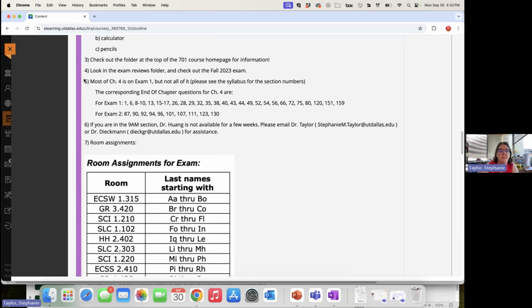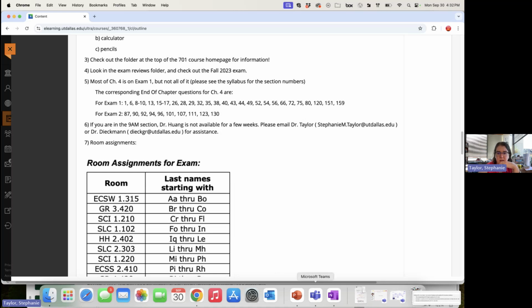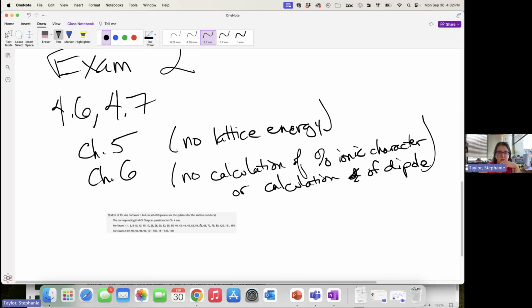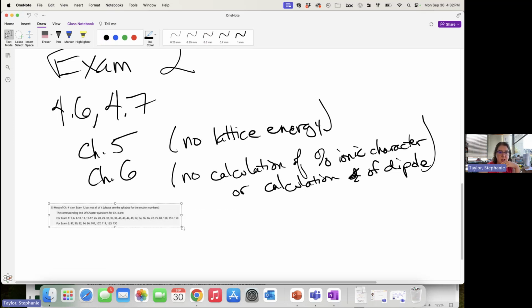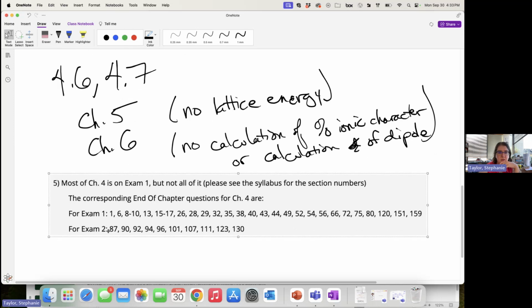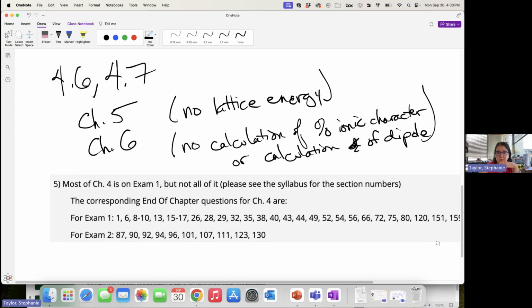Basically, which end of chapter questions might we need for this upcoming exam? And that one you can also find. You just got to scroll back a little bit farther. So there's all kinds of lovely, wonderful things in the announcement section of the 701 section. So you guys might check that out. But there are things for exam 1 and exam 2.